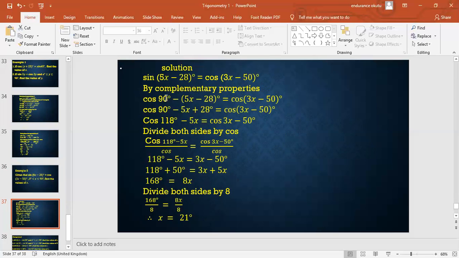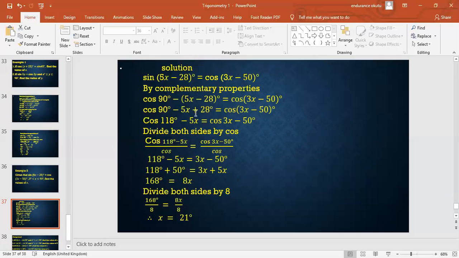So we now say cos of 90 degrees minus (5x minus 28) degrees equals cos (3x minus 50) degrees. Now, to open up this bracket, it is like a minus 1 to open up. So minus 1 times 5x becomes minus 5x. Minus 1 times minus 28 gives us what? Plus 28.